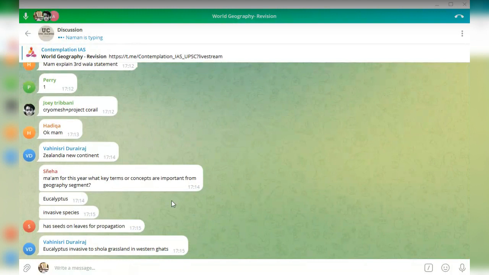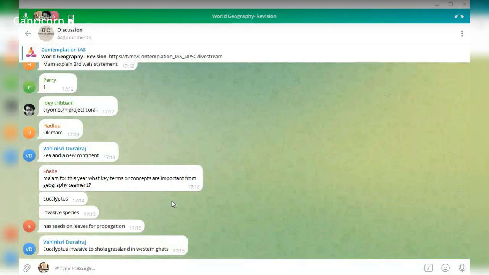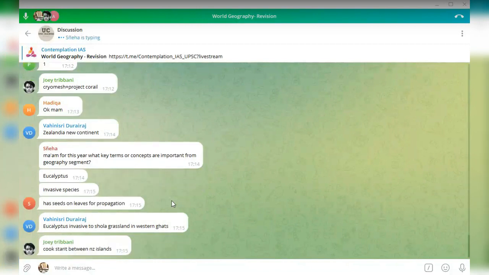Okay, and then let us cover New Zealand here itself. There is the Cook Strait. Anyone can answer what is Cook Strait? New Zealand Islands, correct.